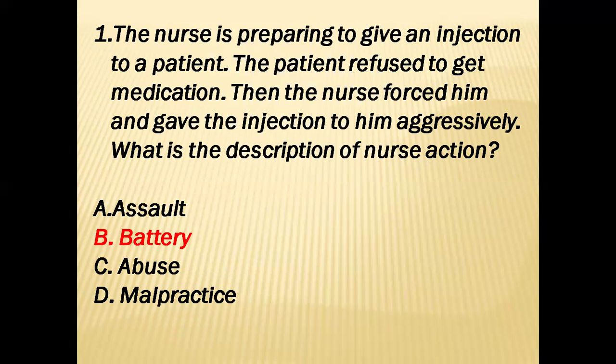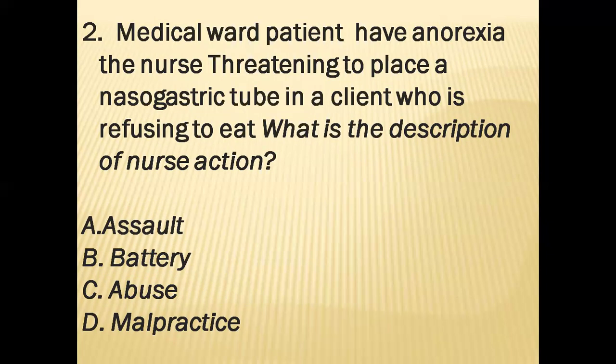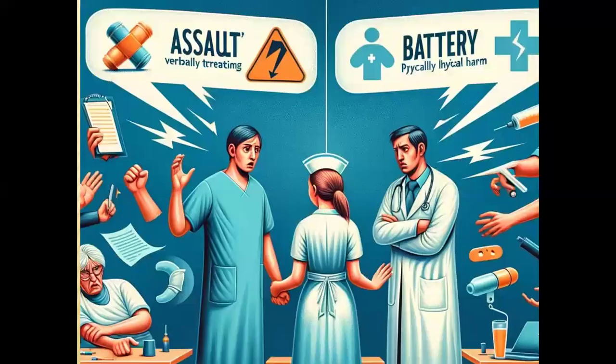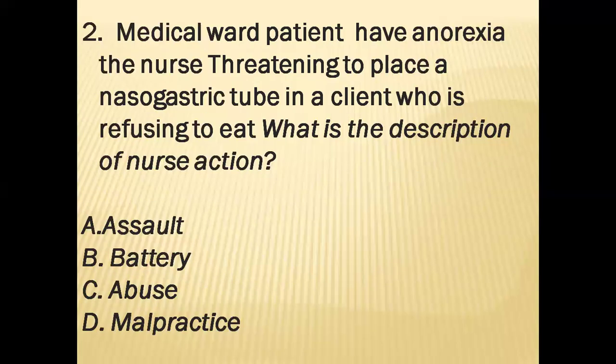Here it is only verbal. The nurse is telling the patient, if you're not eating, I will insert the NG tube. This is a threat. So verbal threatening is assault. The answer is assault.